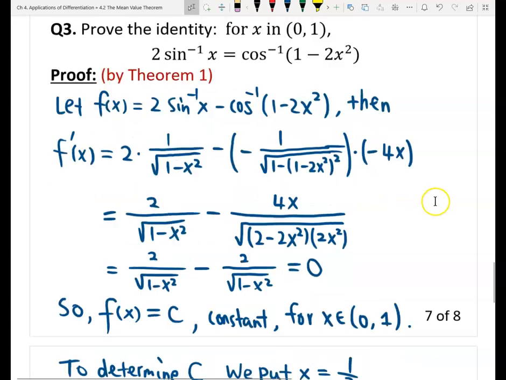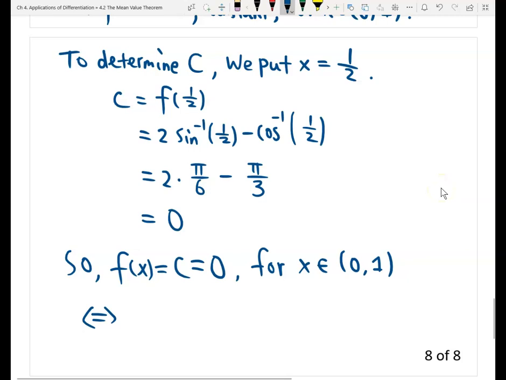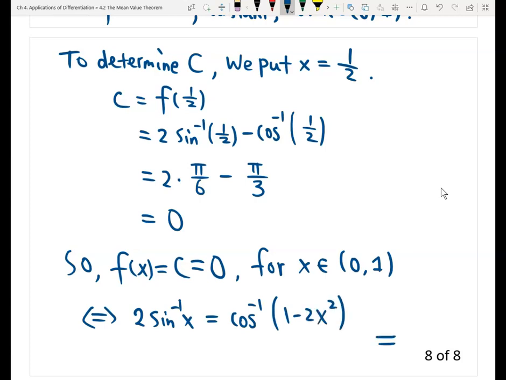Let me write it down. All we need, that's the final. That means the left side, 2 times the inverse sine at x, should equal the inverse cosine at 1 minus 2x squared. See, that's the proof for this identity.